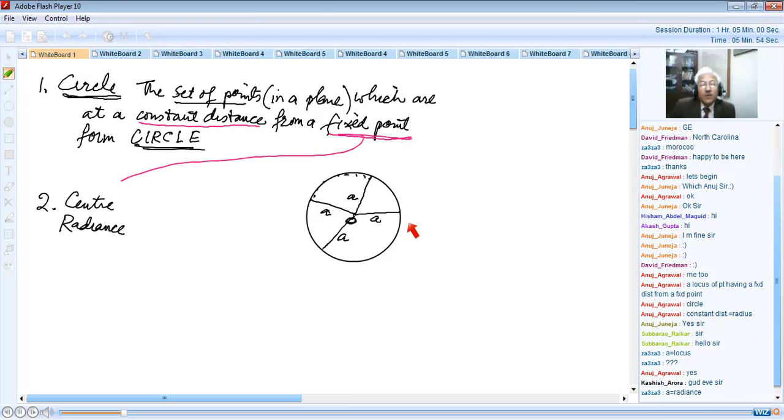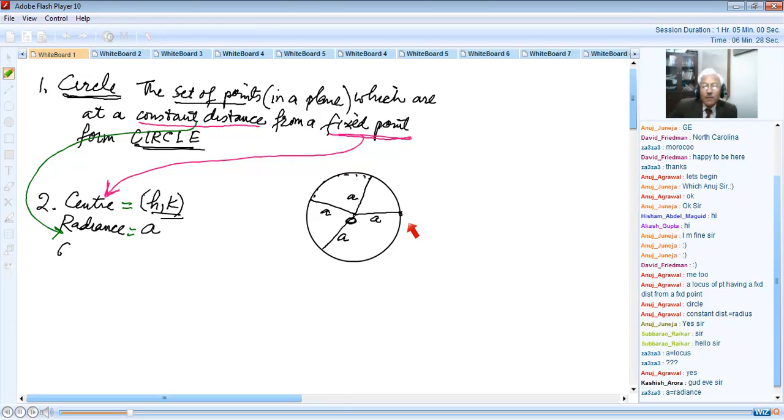That fixed point is called the center, and this constant distance is called the radius. Suppose the center is at (h, k). These are the coordinates of a point, and the radius is a.